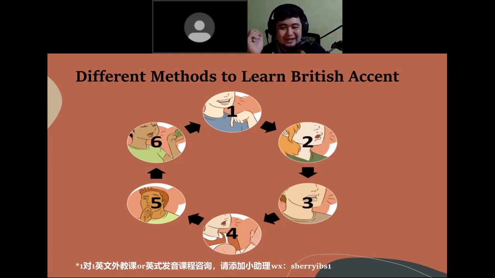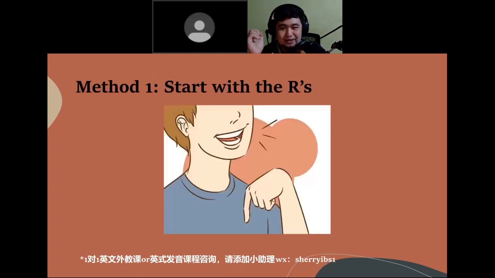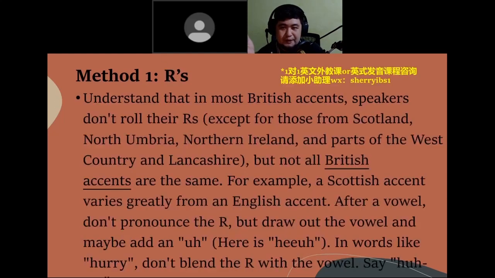So let's start with method one, R's. The letter R is really particular when they speak in British English. So here, method one, R's.